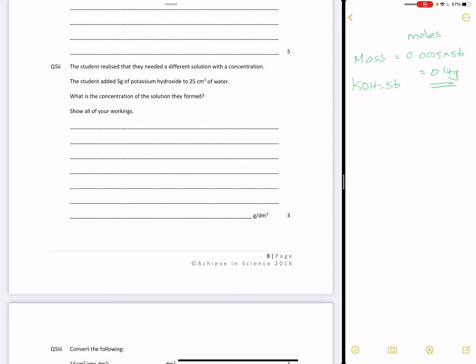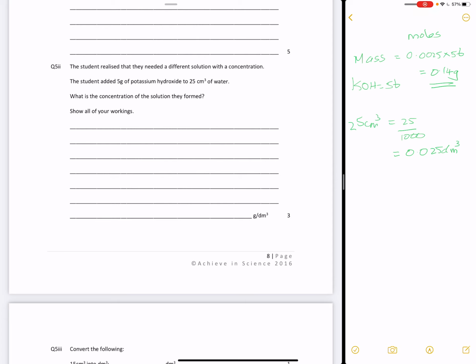Okay, let's have a look. So again, you need to convert the 25 centimetre cubed into litres, which we've done earlier on. So it's 25 divided by 1,000, and we got 0.025 litres. Okay.